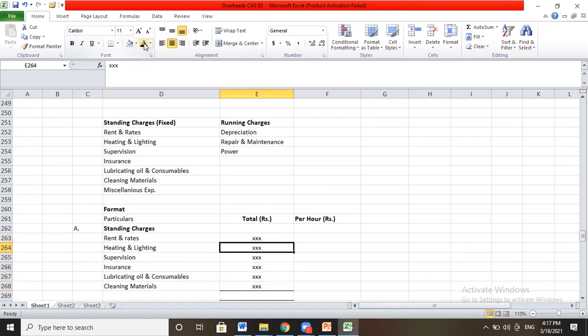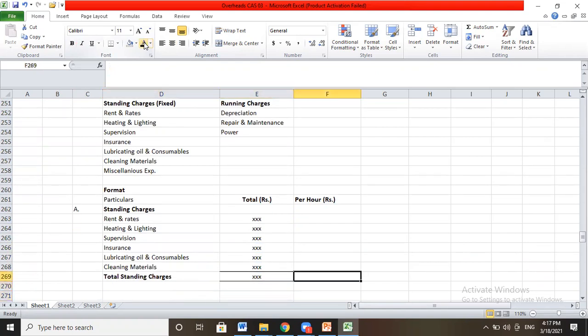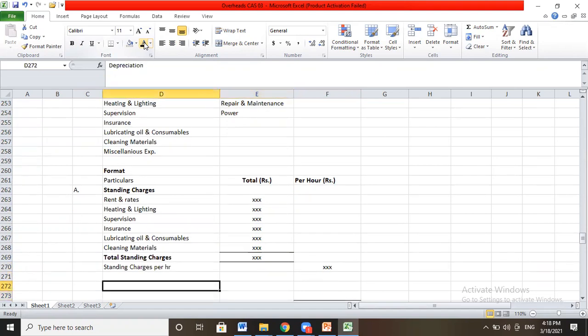After getting the total of them, total standing charges will be divided by the number of machine hours, and we will get the rate per hour.